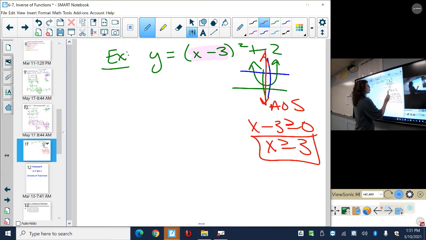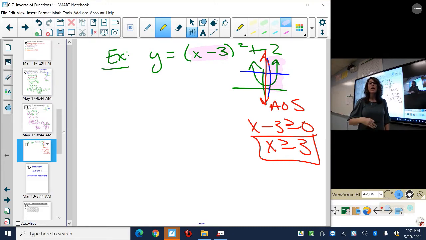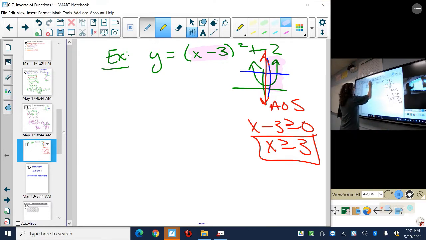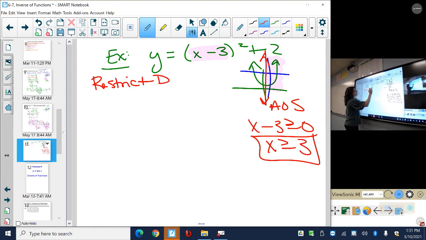We are only going to choose this part of the function. We are not going to choose the left side of the function because it won't pass the horizontal line test then. So we're going to restrict the domain, and we're going to only view it when x is greater than or equal to 3.